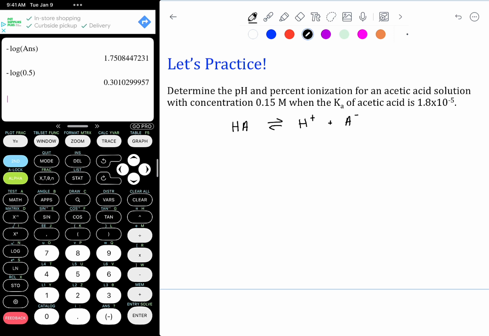So now that we have that down and we know our balanced reaction for any weak acid, we can set up our ICE table, because we want to find the pH, which means we need to find the H plus concentration at equilibrium.